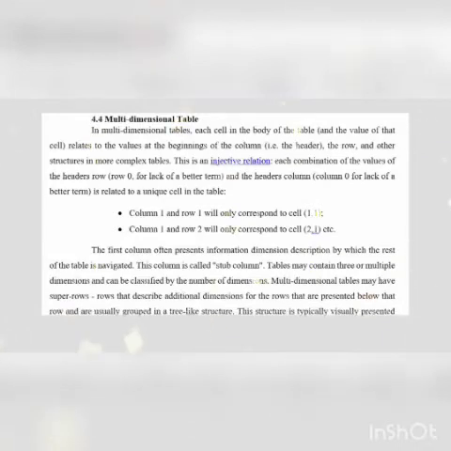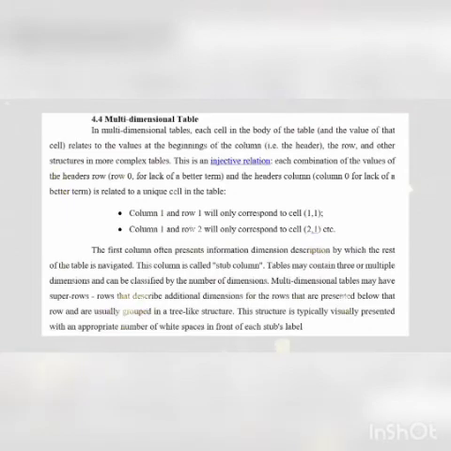The first column often presents information, a dimension description by which the rest of the table is figured. This column has sub-columns. A table may contain 3 or multiple dimensions and can be classified by the number of dimensions.